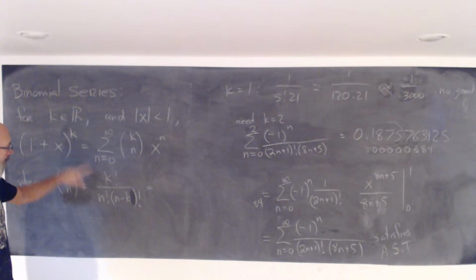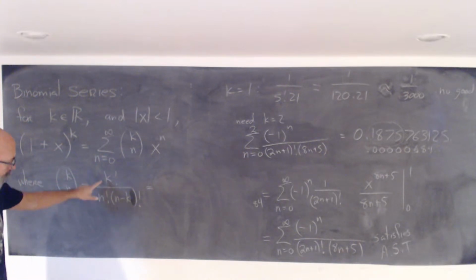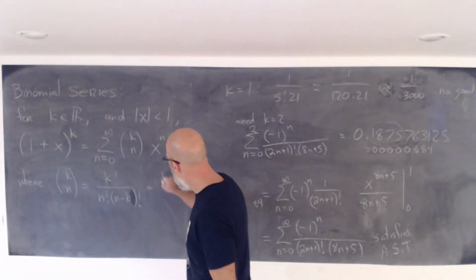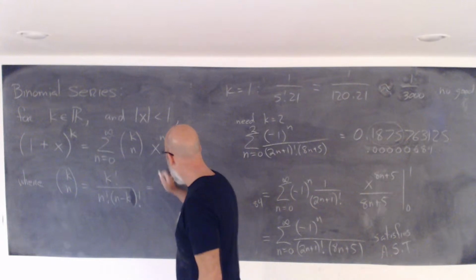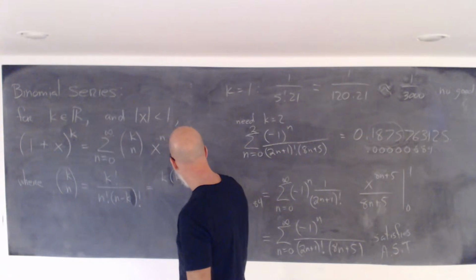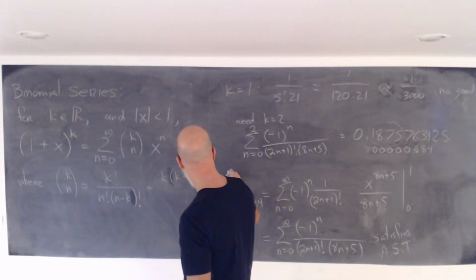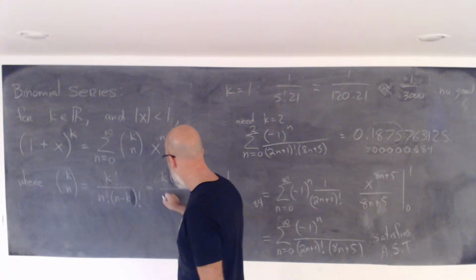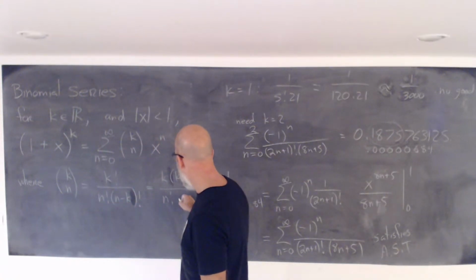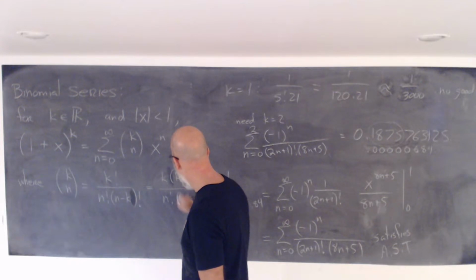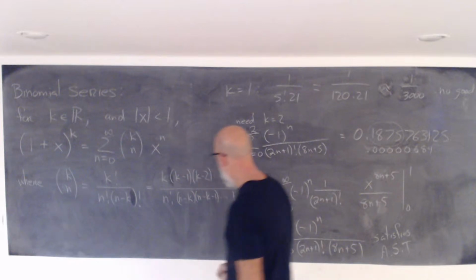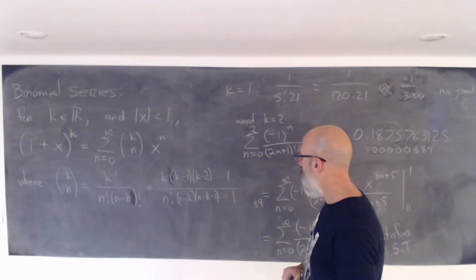But if k is not a natural number, then what is that? Well, you know k factorial is k times k minus 1 times k minus 2 all the way to 1. And k minus n factorial is k minus n, k minus n minus 1, all the way to 1.